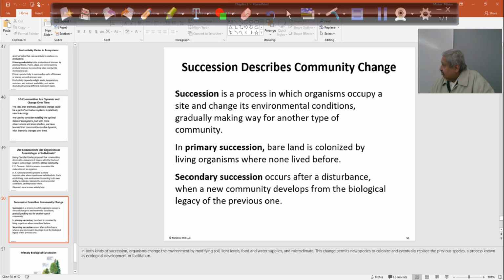So they die out, but their community is still there, empty of them. They are not there, but their whole setup is there. Resources are there, everything is there, except themselves.